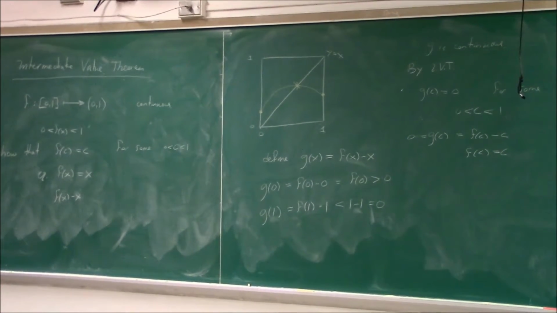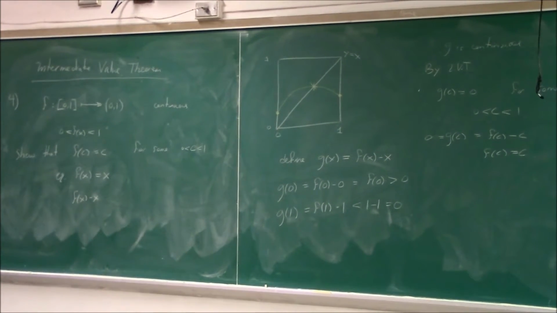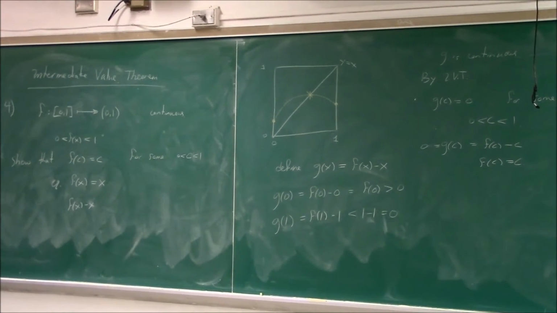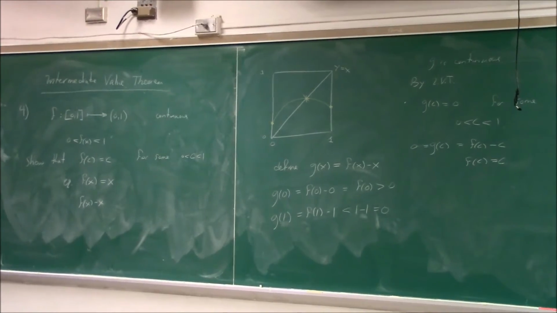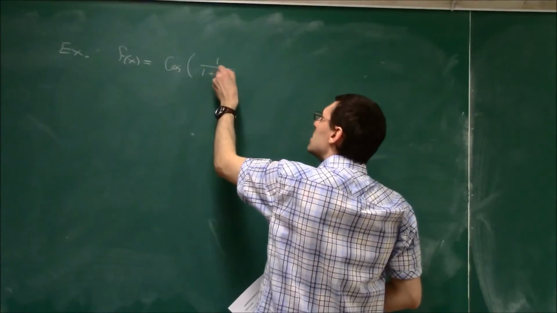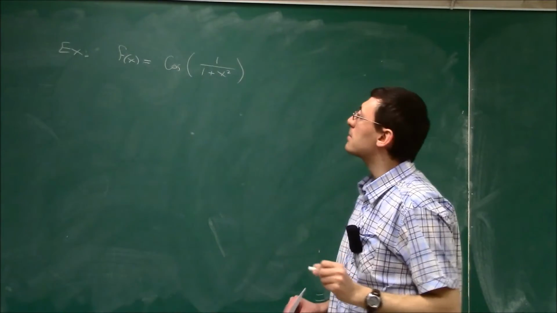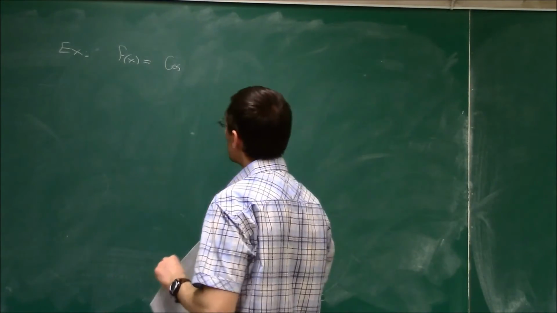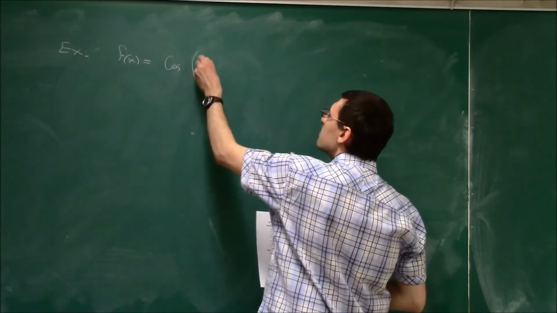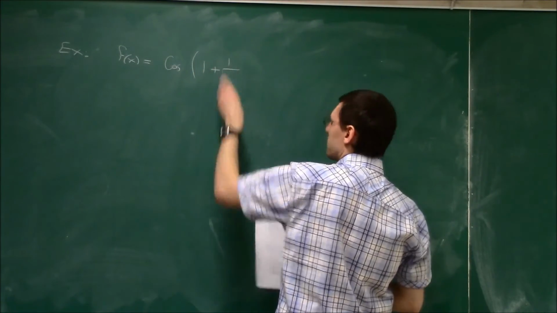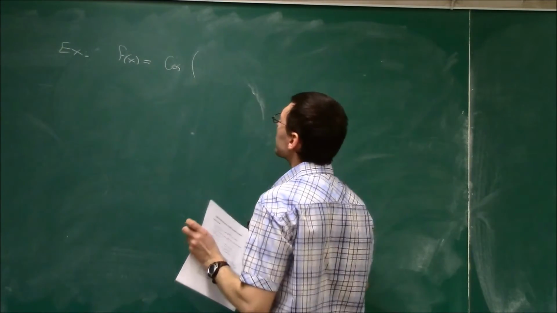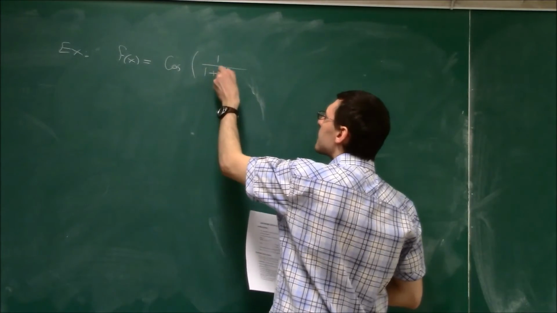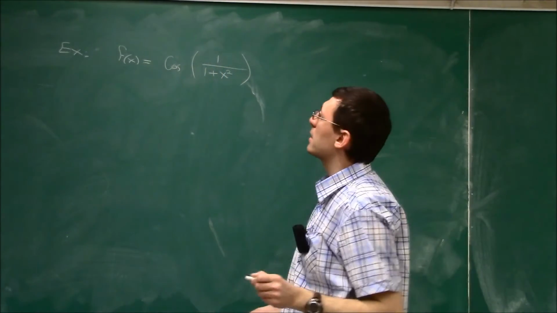Now, an example of such a function of what we just said is, suppose that our f of x was something like cosine of 1 over 1 plus x squared. So this looks like a fairly complicated function.